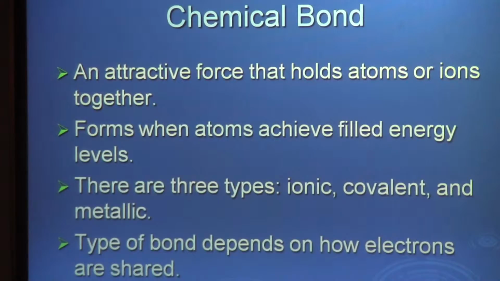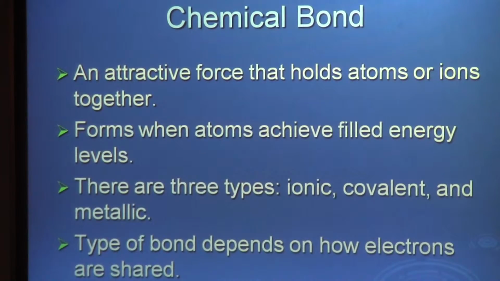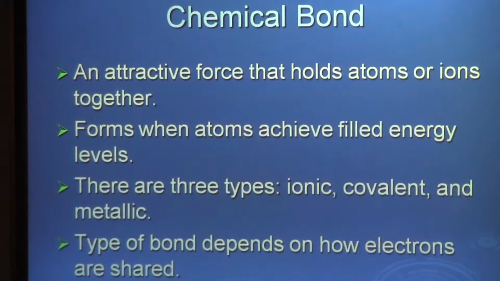Whether they're sharing electrons, whether they're giving electrons and taking electrons, they're just figuring out a way to get them to be filled. There are three types of bonds. Again, they're ionic, covalent, and metallic. And because of those three types of bonds, we can combine all different types of elements: metals, nonmetals, metalloids.